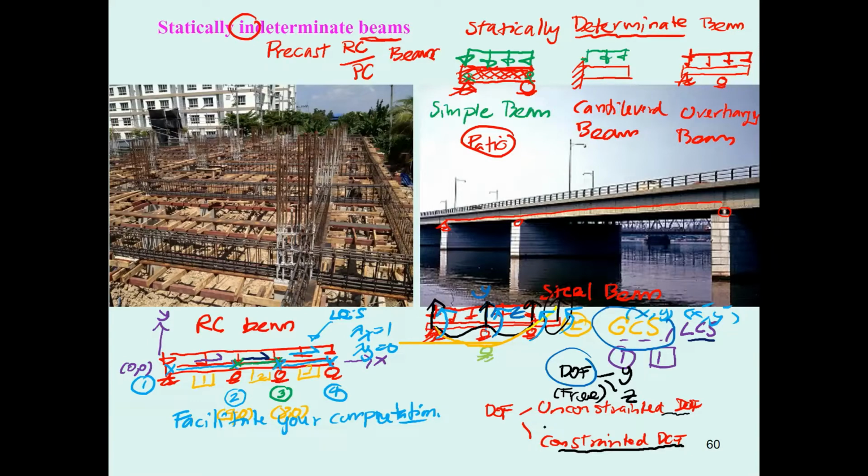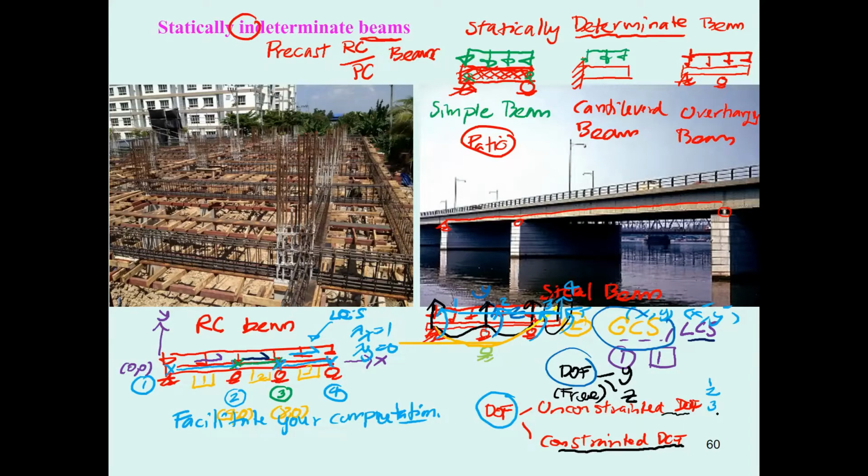Okay, and then to remind you again, the degrees of freedom will be numbered starting from the unconstrained degrees of freedom, such as this one. We will have this one number 1, this one number 2, this one number 3, this one number 4, and this one number 5.